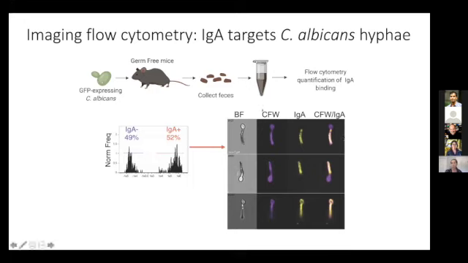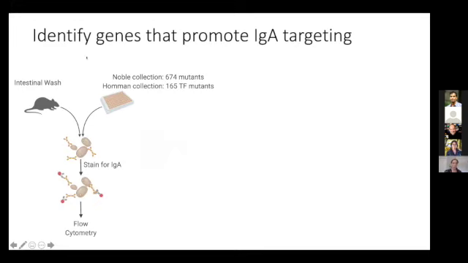But we wanted to ask what specific molecules may be targeted by IgA within the gut. We took a number of approaches, but one of the first was a genetic approach in which we performed a genetic screen using two available Candida mutant collections, the Noble collection and the Homann collection.